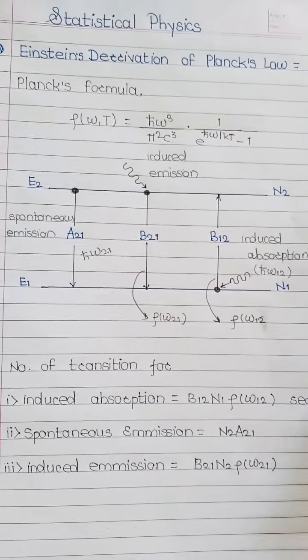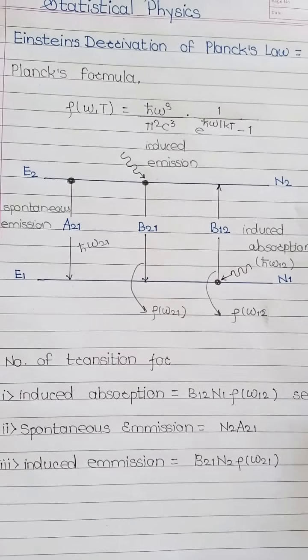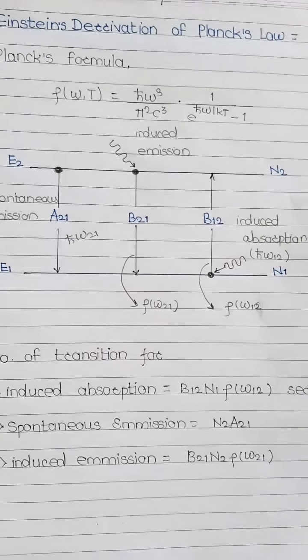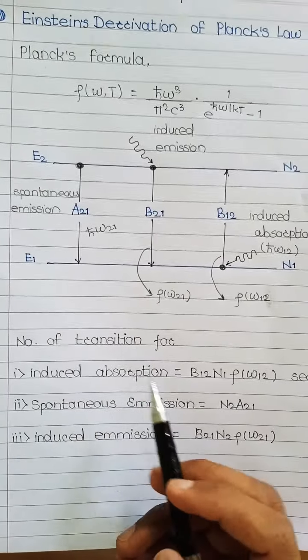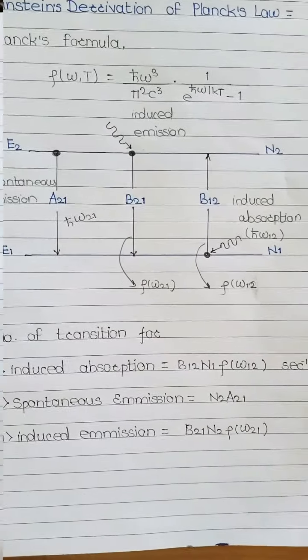In this case the radiation will have the same direction and phase as the stimulating radiation and hence they are coherent. Hence we have obtained the number of transitions for induced absorption, spontaneous emission and induced emission.